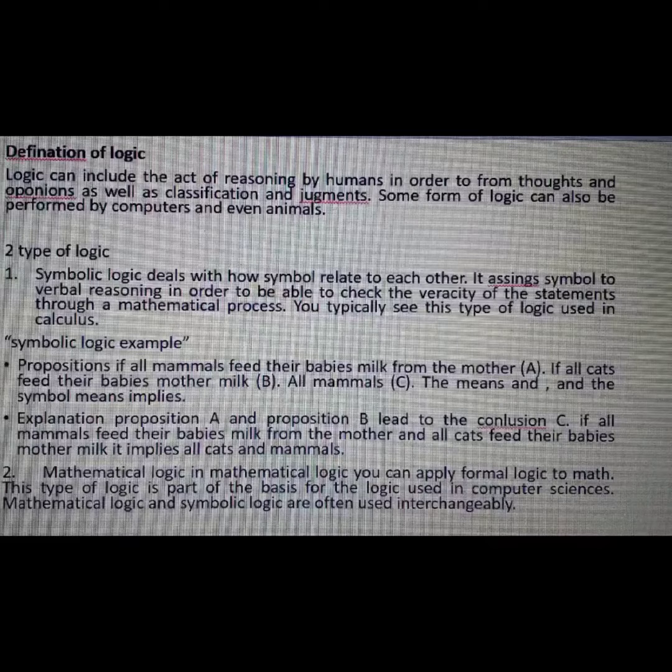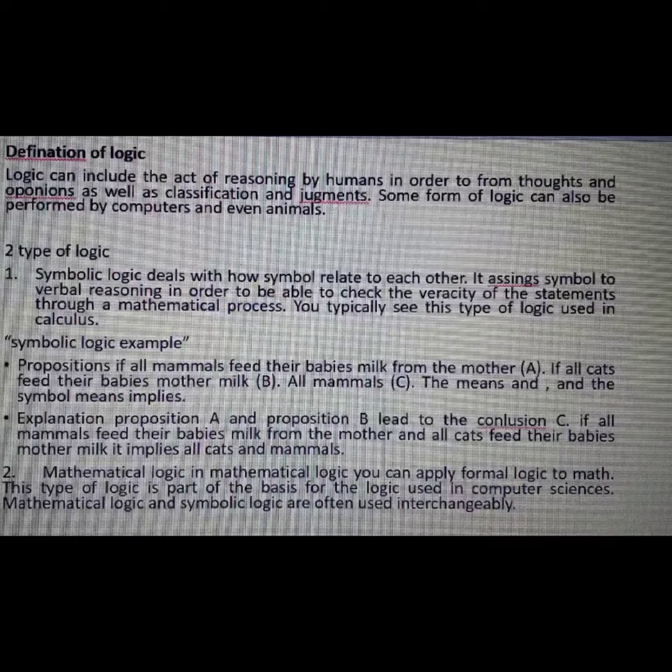Symbolic logic sample. Proposition A: if all mammals feed their babies milk from the mother. Proposition B: if all cats feed their babies mother's milk. Hypothesis: all cats are mammals.